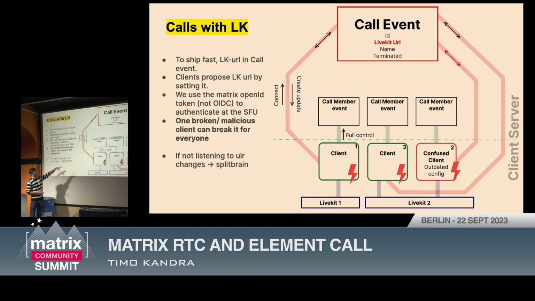The first client connects with the right LiveKit URL, then the second client, the confused client, connects, updating the LiveKit URL to something broken. Those indices right here are the order of connection. Then the third client, who's not broken, but just something different, connects, and we end up with two LiveKit instances. And that's also a failure mode.